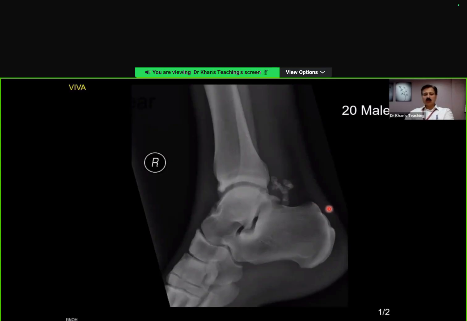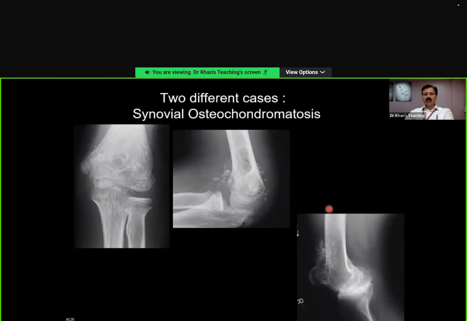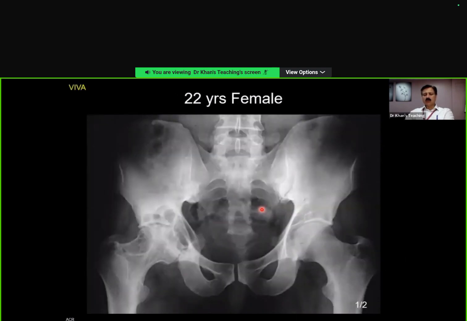All of these are loose bodies, and because these are loose bodies, they can cause secondary OA. These patients are always young patients. Please remember that. So they might be 20 years old, and then there will be secondary OA. Look at this. The epiphysis is not even closed. Synovial chondromatosis. It's a very common case, osteochondromatosis or chondromatosis, whatever you want to call it.